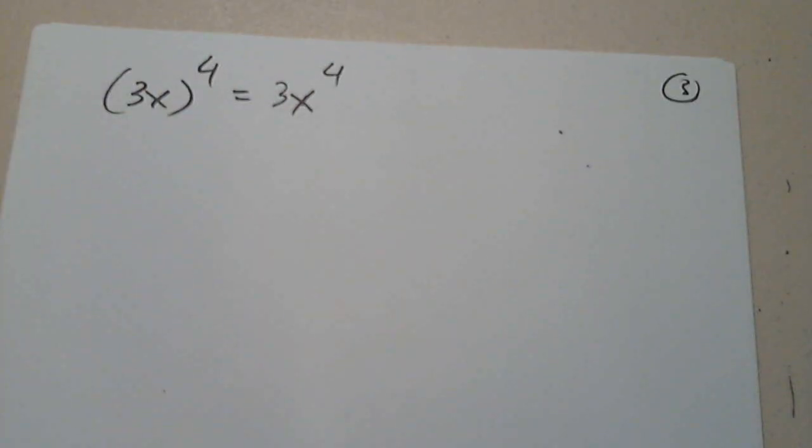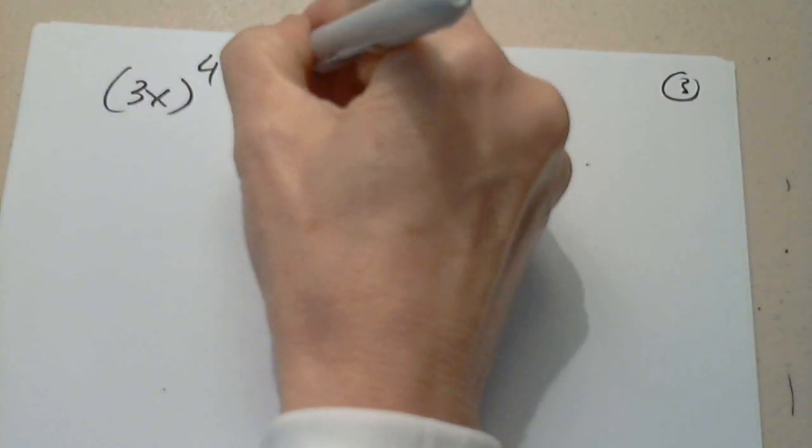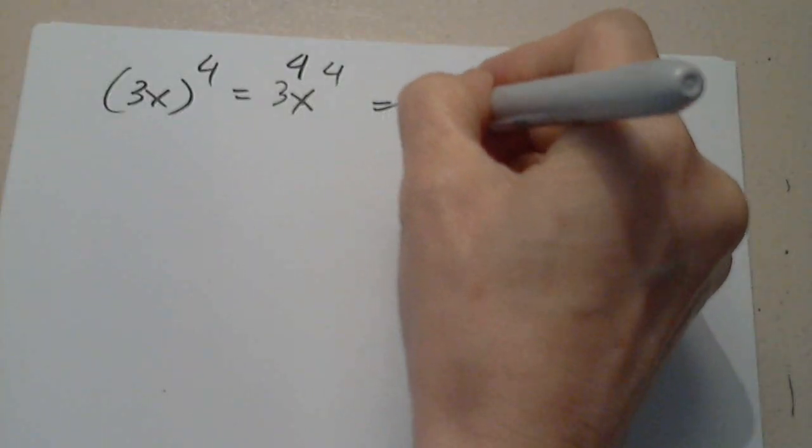Can anyone tell us what is wrong with it? You can take the 4th power to the 3. Absolutely. It's 3 to the 4th, which is 81x to the 4th.